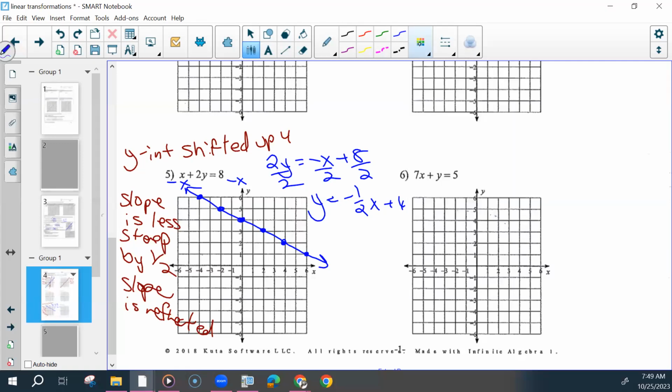Same process, get rid of the 7x by subtracting. So that y equals negative 7x plus 5. So when we graph that, it would only have 2 points. At 5, go down 7, and to the right 1.